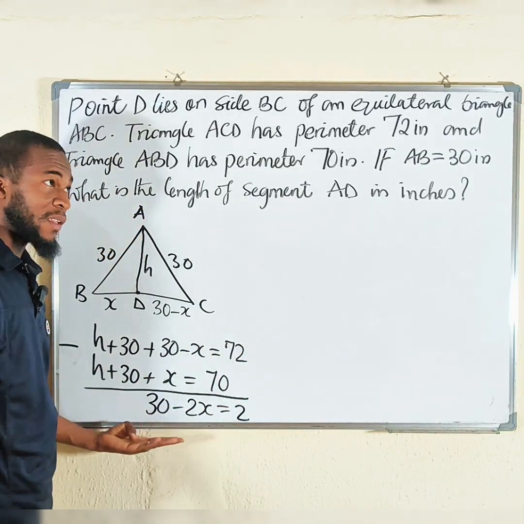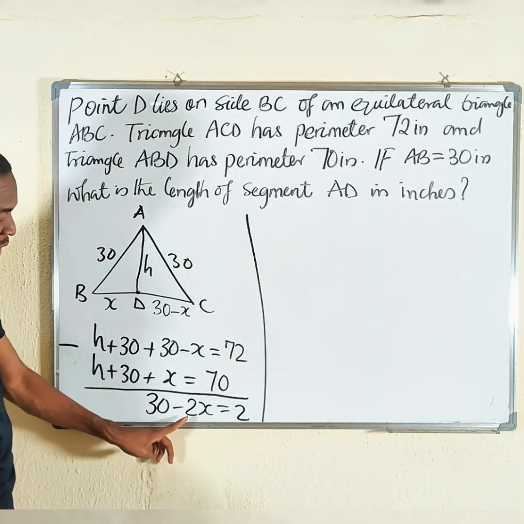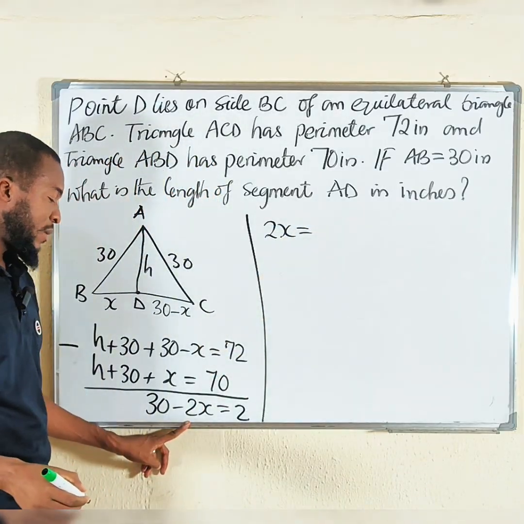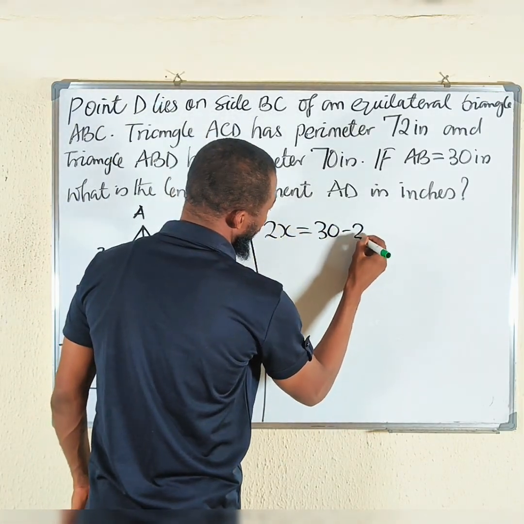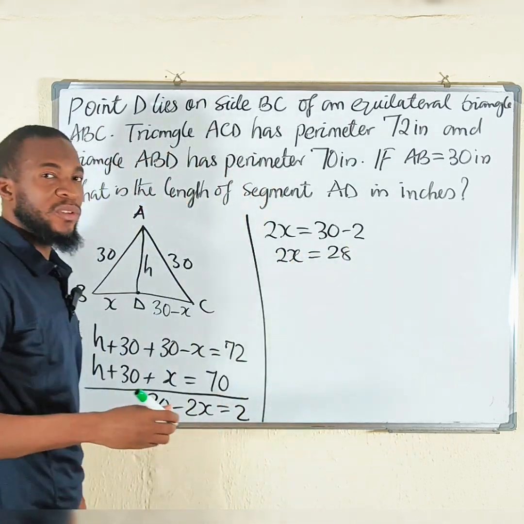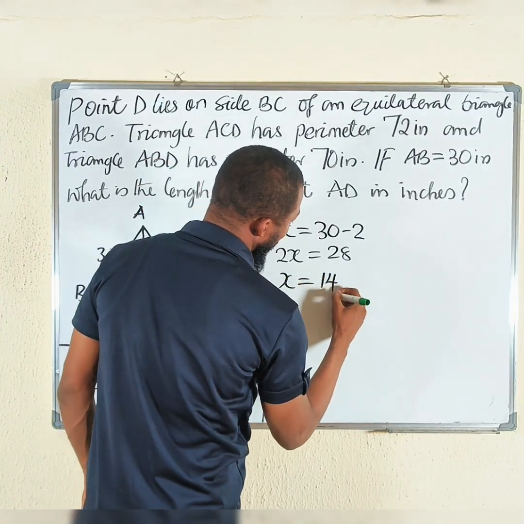So let us solve for X here. You can make 2X the subject. 2X will be equal to 30 minus 2, which is 28. And if you divide both sides by 2, you have X equals what? 14 inches.